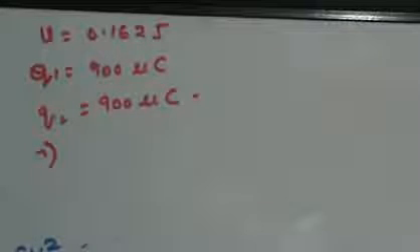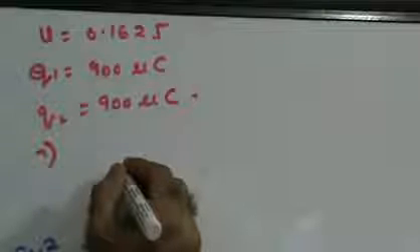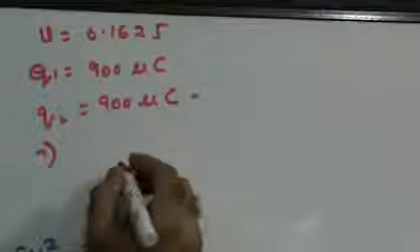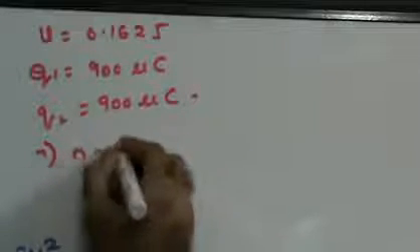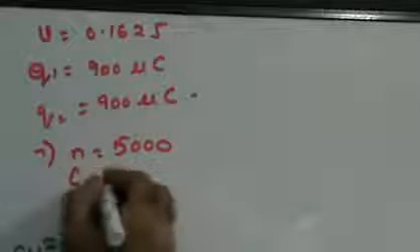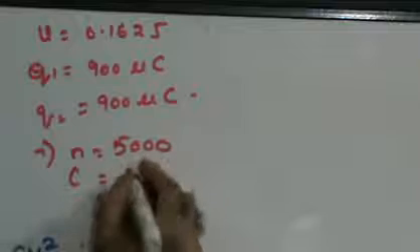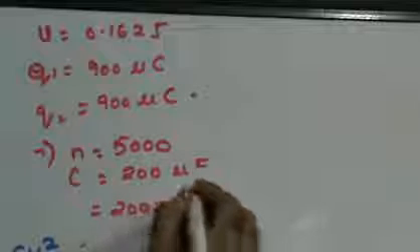Electric energy is to be stored at a station in which 5,000 condensers are connected in parallel. The capacity of each condenser is 200 microfarad.